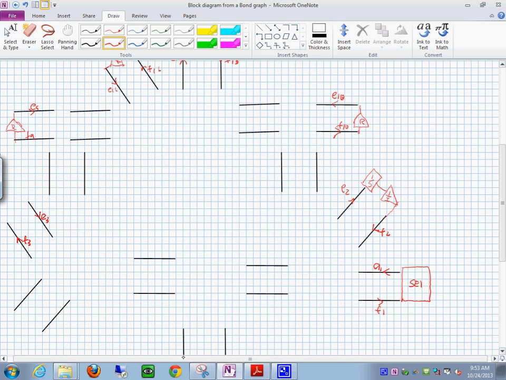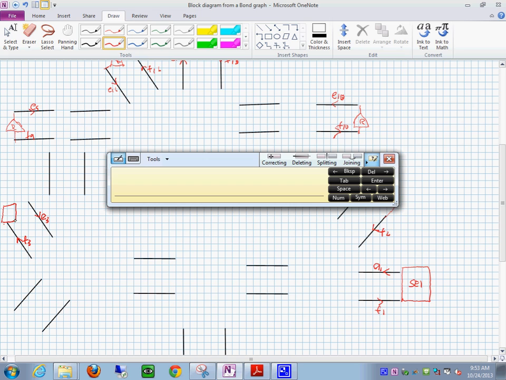The way we have this is, first this gets integrated, 1 over s.